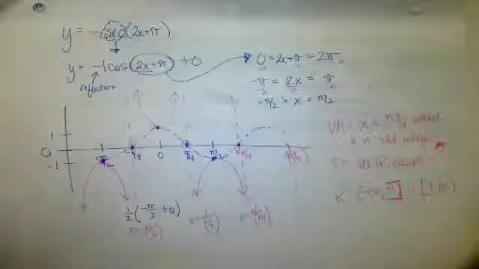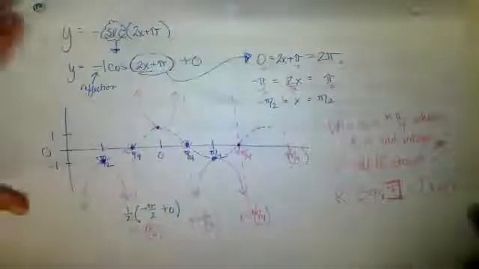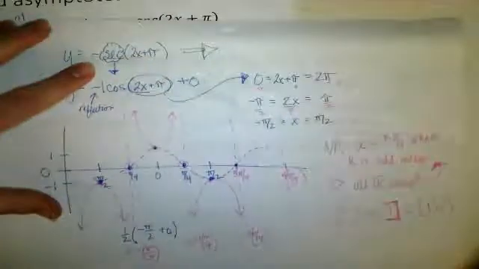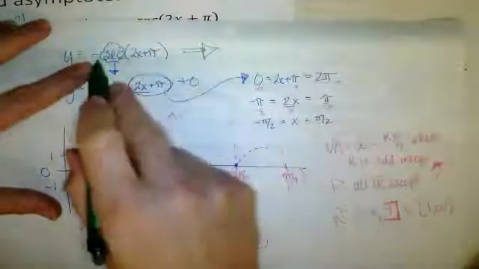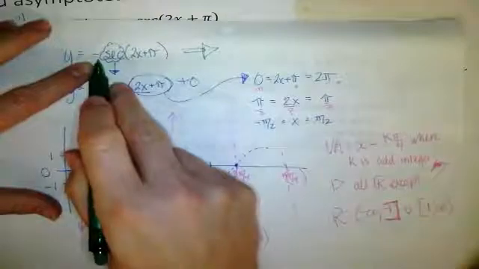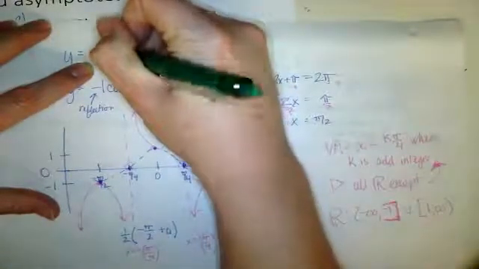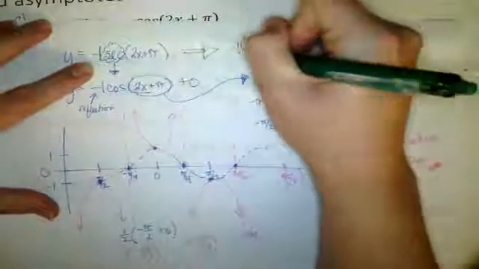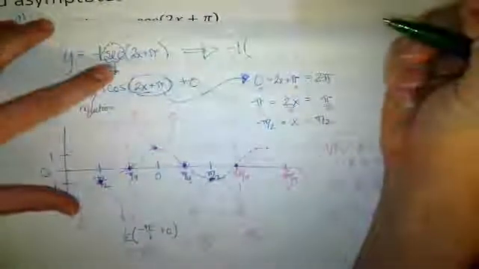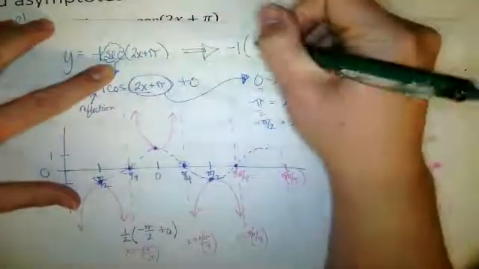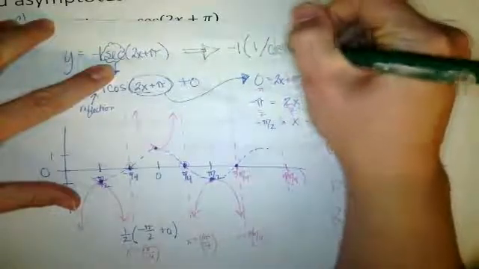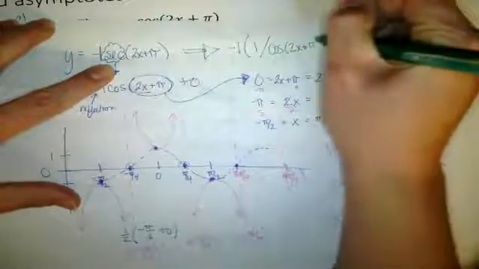So I want to check this one in my calculator again, just so we know really how to put this into our calculator. So in my calculator, this is negative 1 times the secant. So that secant, we're going to do 1 over cosine of 2x plus pi.